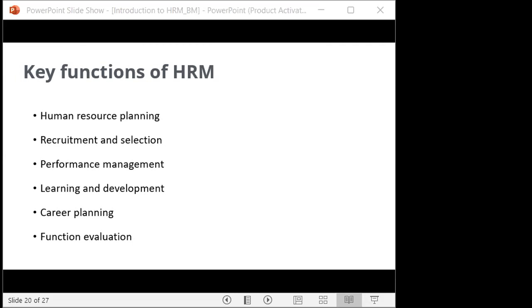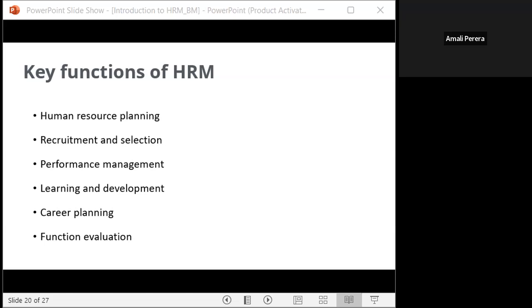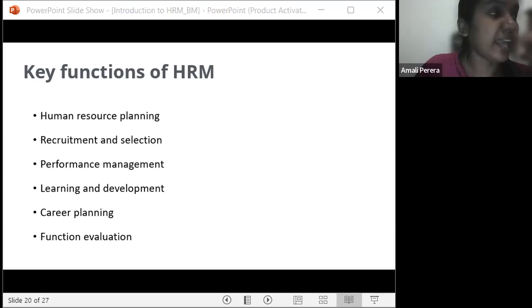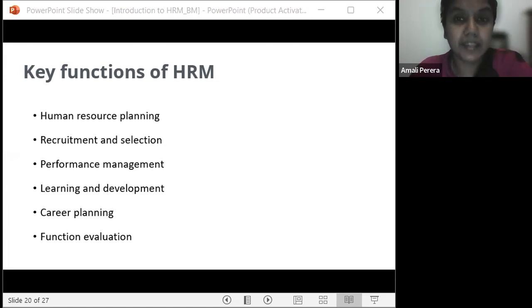Try to understand the meaning by the word itself. Human resource planning. Can someone guess what is meant by this? Can we have a discussion? What is meant by this HR plan?